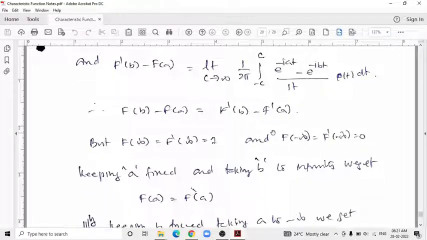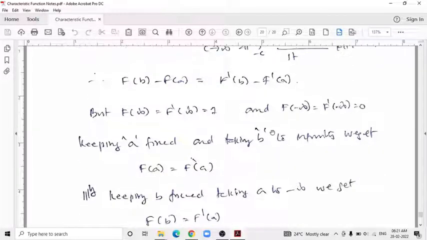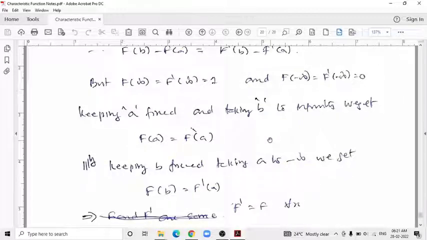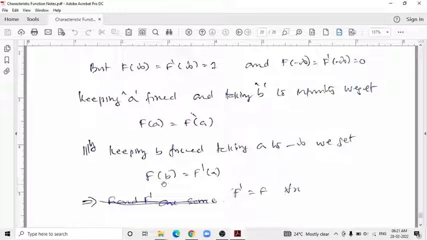That means there is no difference between F and F dash as far as the point a. Likewise, when we keep b fixed and take a to minus infinity, we get F of b is equal to F dash b. Please treat it as F dash b.